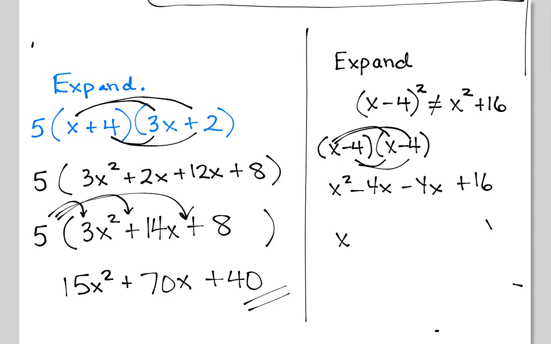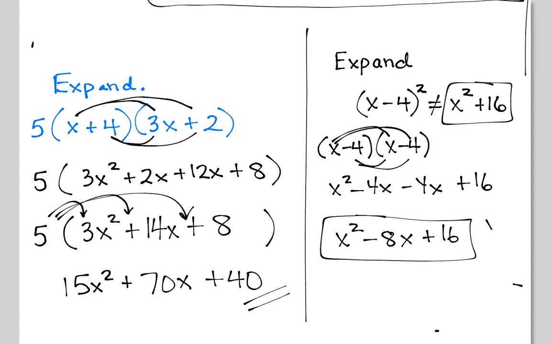So altogether it's x squared minus 8x plus 16. See the key difference between these two? What's the key difference? The middle term. Middle term, right?